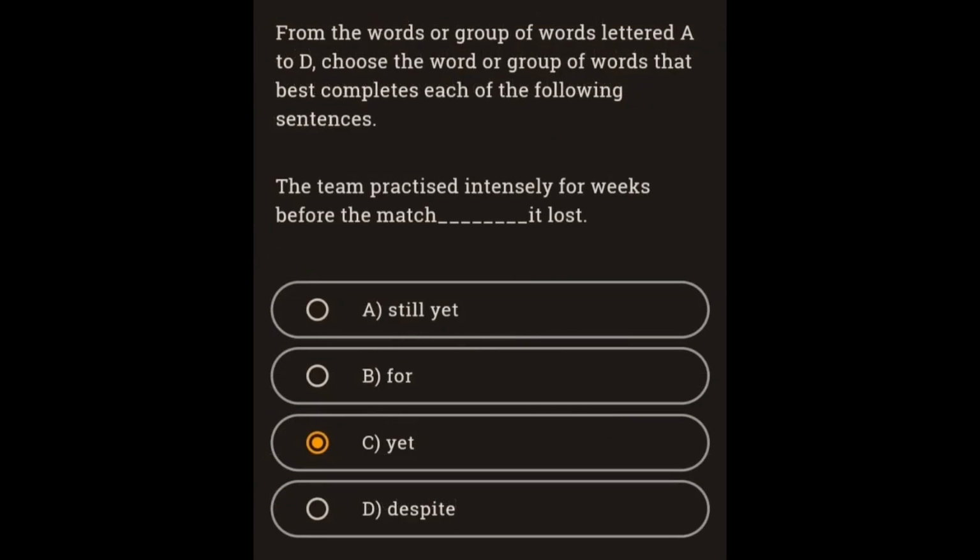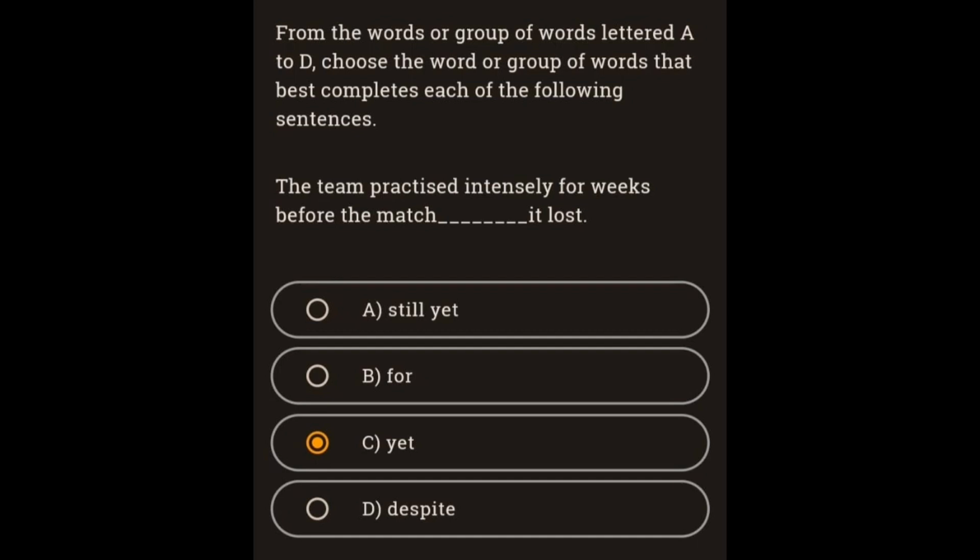Okay. Another example is, the team practiced intensely for weeks before the match. Options: still yet it lost, for it lost, yet it lost, despite it lost. Many of you will be tempted to choose still yet. Remember, still and yet are synonyms, so you cannot use them together.